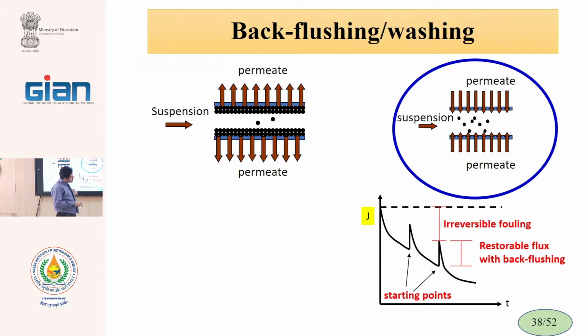After reaching this criterion, this critical point, we must wash the membrane. But with washing or cleaning, we usually do not reach the first flux. The flux is lower than the initial flux. And after another period, we wash again, and we repeat this process.